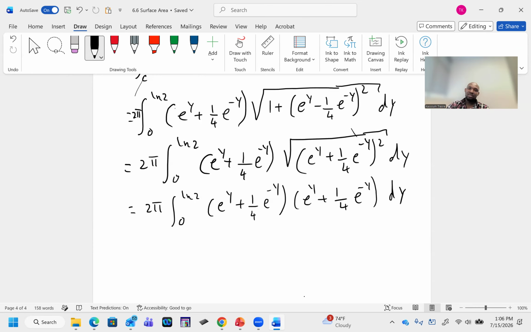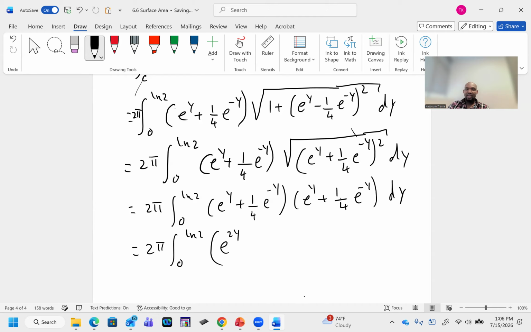Of course, we can distribute this one, or it will be this one squared. But if you distribute and combine like terms, which I'm about to do, e to the power of y times e to the power of negative y becomes 1. 1 times 1 over 4 will be 1 over 4.